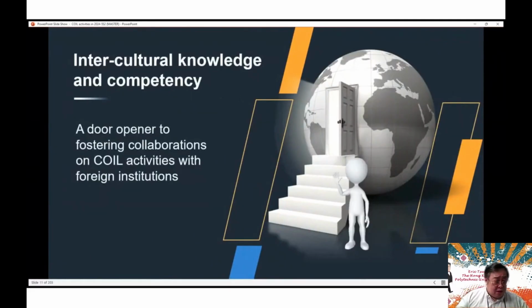Now, one element I keep on emphasizing is that in addition to pairing classes that are studying the same disciplines, we should also explore putting together classes of different disciplines, but enabling them to learn from each other's culture, right? So this intercultural element is also a door opener to creating COIL classrooms, if you understand what I mean.